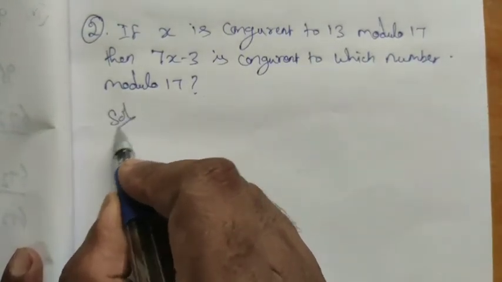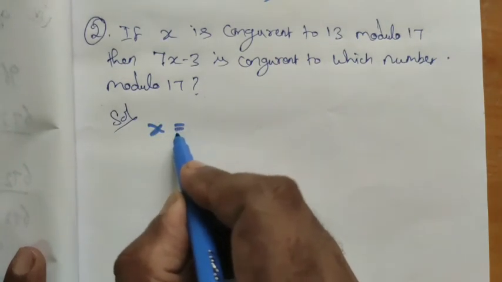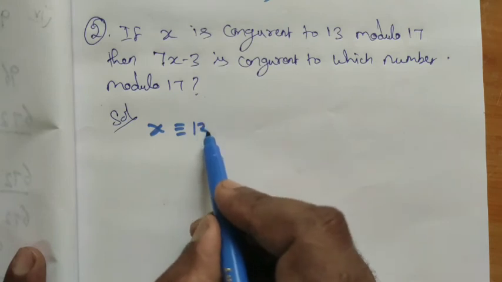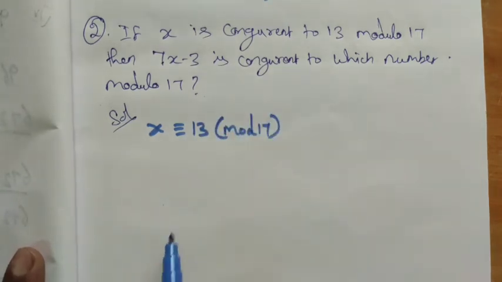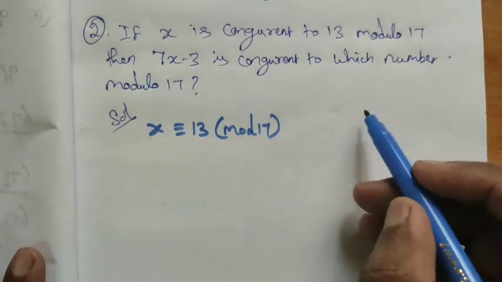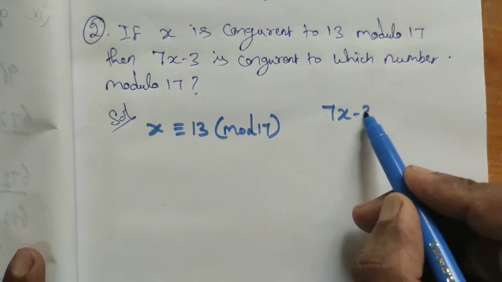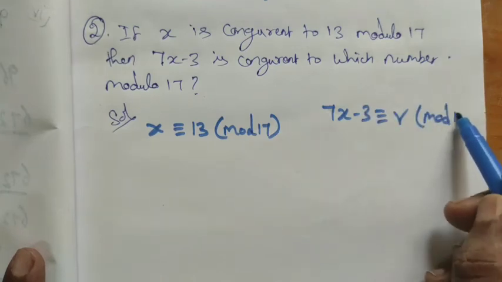Let's see the solution. That is, x is congruent to 13 mod 17, right? That is the first condition. The second condition is 7x minus 3 is congruent to which number modulo 17?